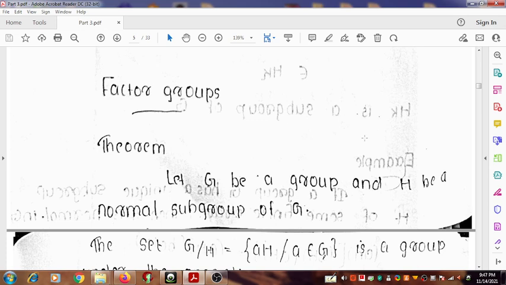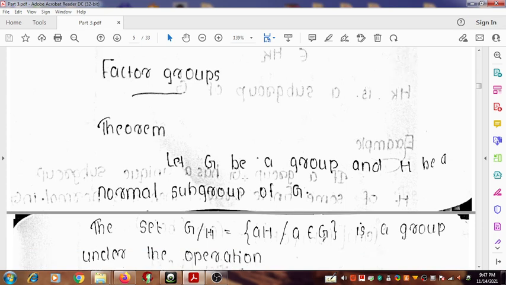And we have a result that tells us that the set that we are going to define in the statement of the theorem is actually a group, and that group is the factor group or the quotient group.